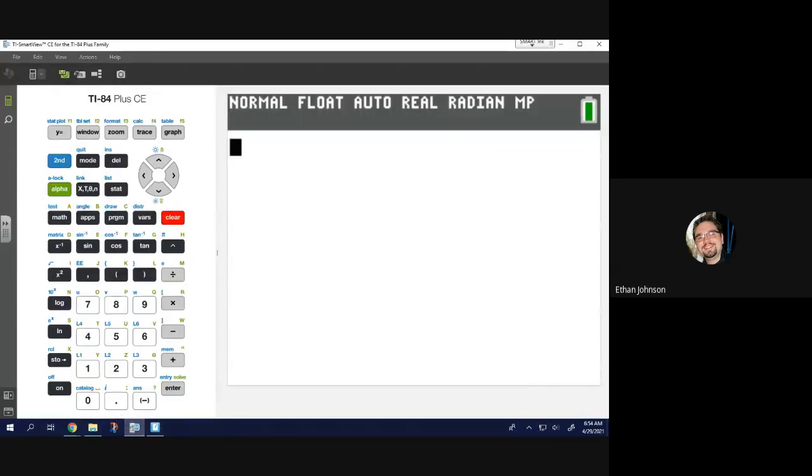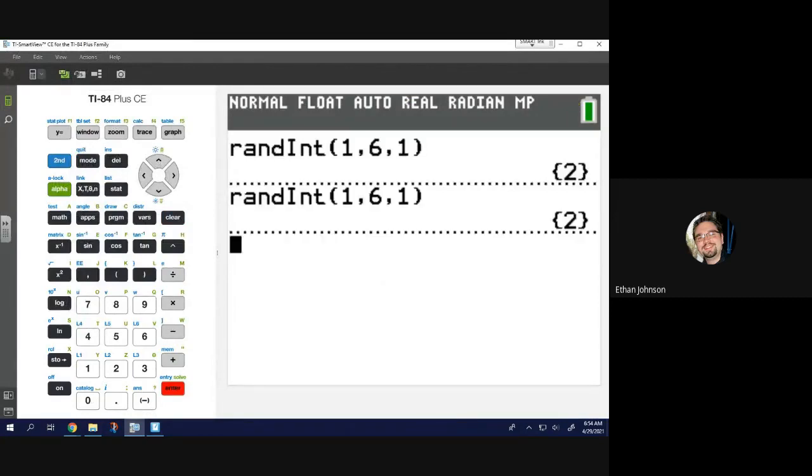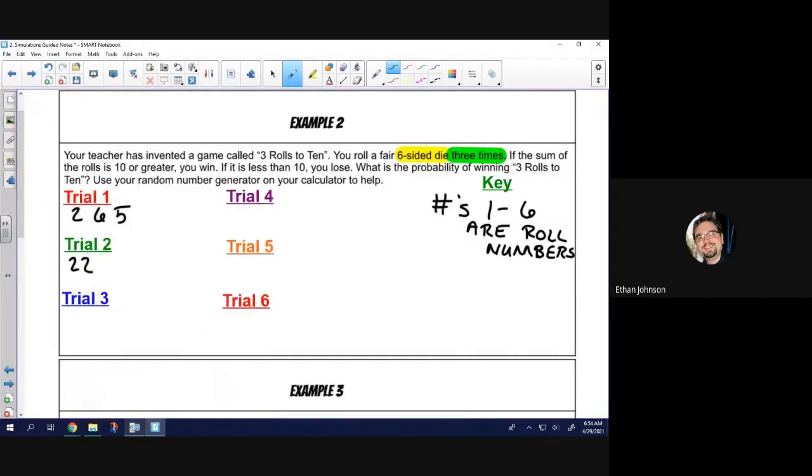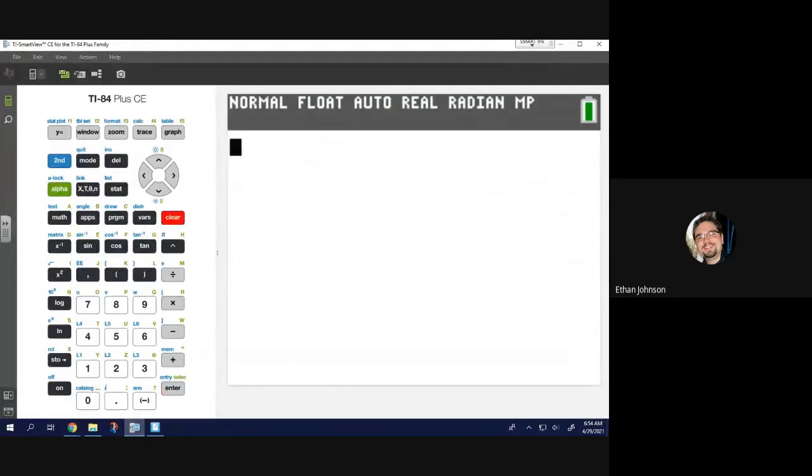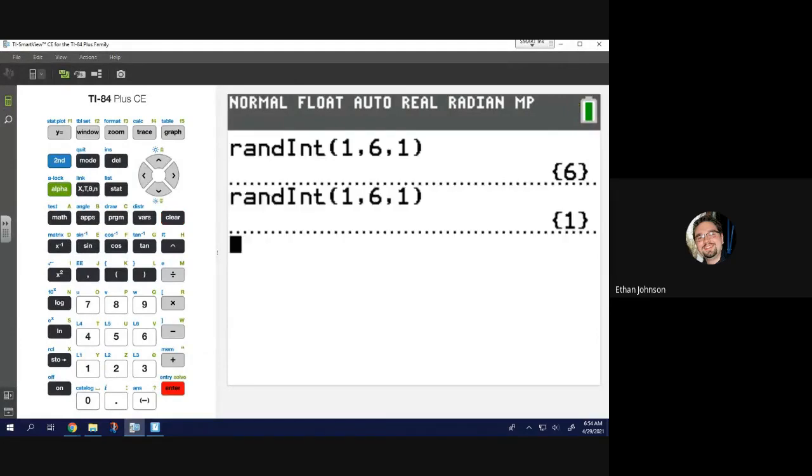So I want 3 more. So 3 enters, a 2 and a 6. Clear, 3 enters, 6, a 1, and a 1.